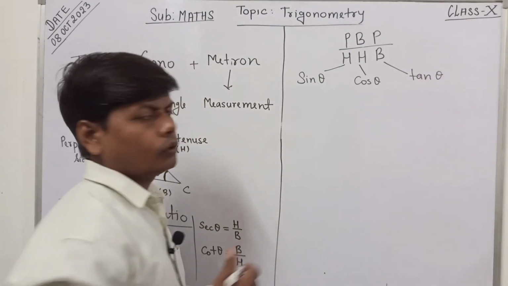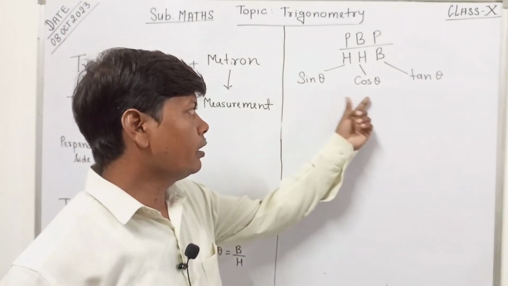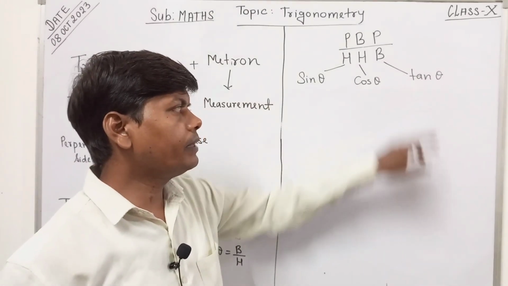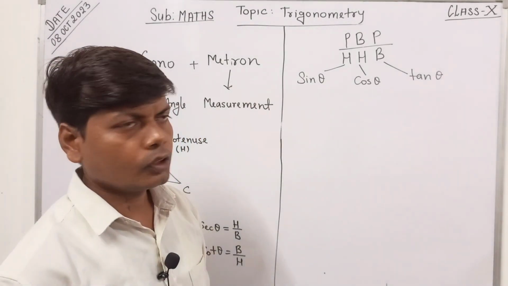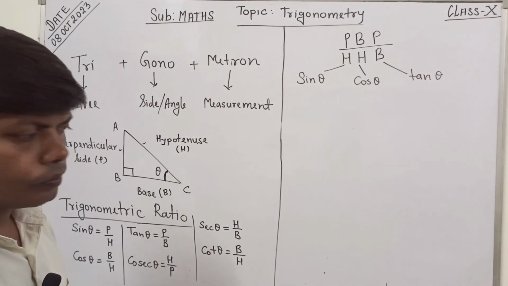As you know, the reciprocal of sin theta is cosec theta, the reciprocal of cos theta is sec theta, and the reciprocal of tan theta is cot theta. So using this trick, you can remember the trigonometric ratios.